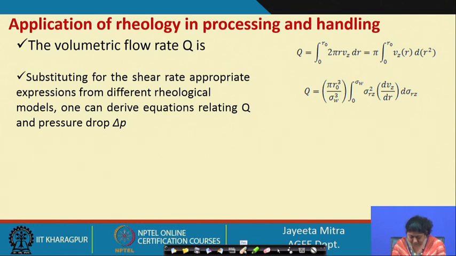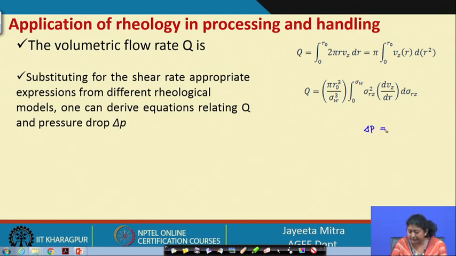Basically, if we write that delta P is equal to 32 mu V L by d square, where L is the length of the pipe, V is the velocity, or Vz we can say, mu is the viscosity or apparent viscosity or effective viscosity, and d is the diameter of the pipe.